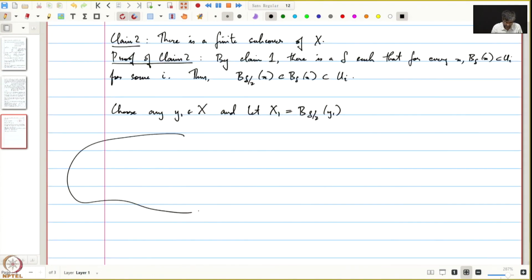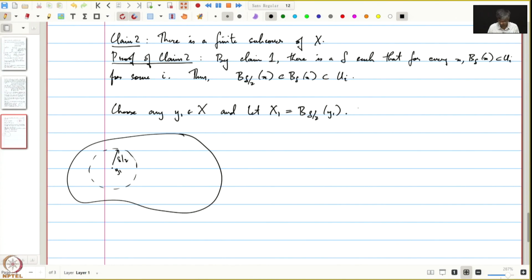So our X is like this, and we can just pick any y1 and we take this ball of radius delta by 2 around y1, right?